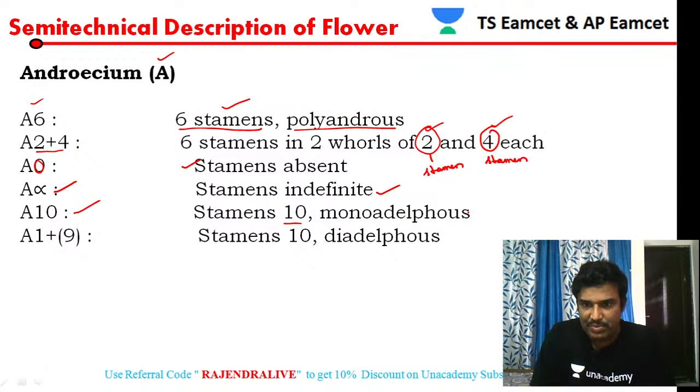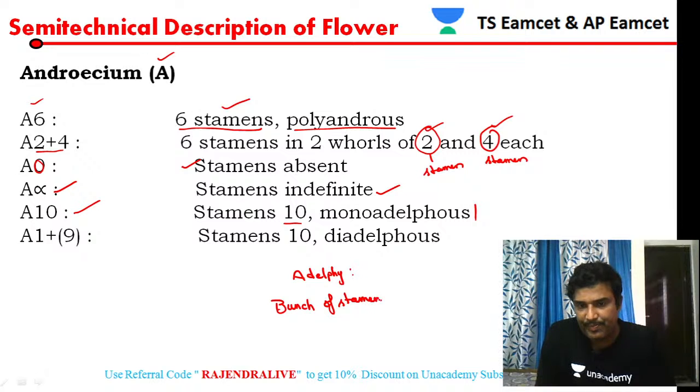And it is monoadelphous. There is one term called adelphy. What is the meaning of the term adelphy?